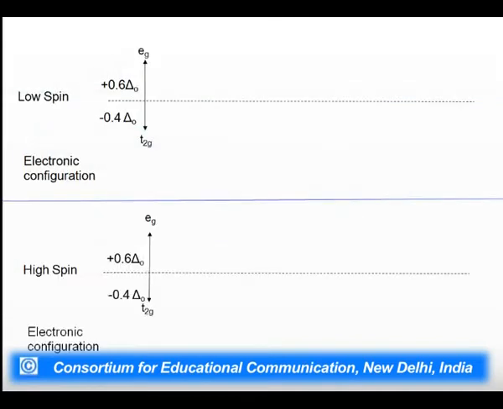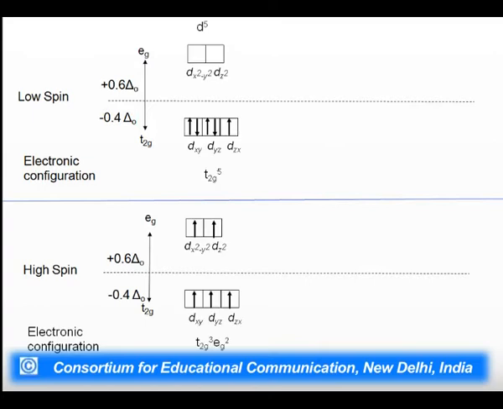So, now we come to the D5 case. In the D5 case, the configuration is T2G5. Now, the upper part of the slide shows you the low spin configuration, whereas the lower part gives the high spin configuration. So, in high spin, the electronic configuration of a D5 metal ion would be T2G3 Eg2.